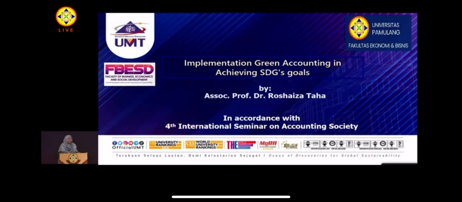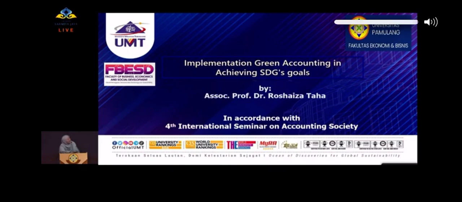Okay, so the topic for today, we try to integrate between green accounting and also SDG. I may not be the right person to be invited, because universities in Indonesia are actually champions in SDG.